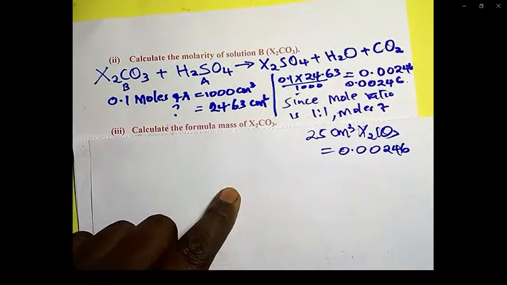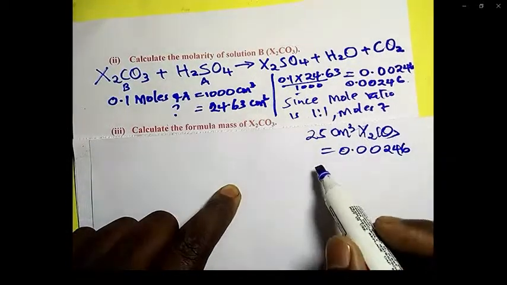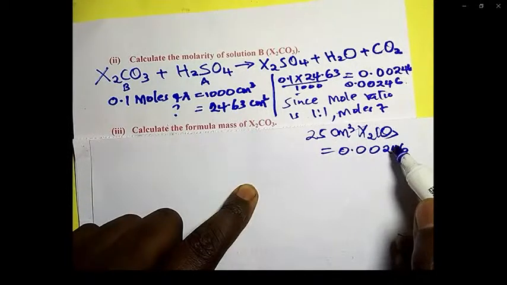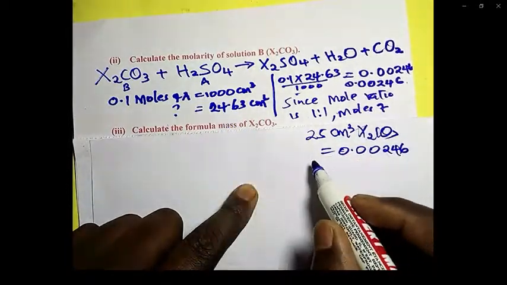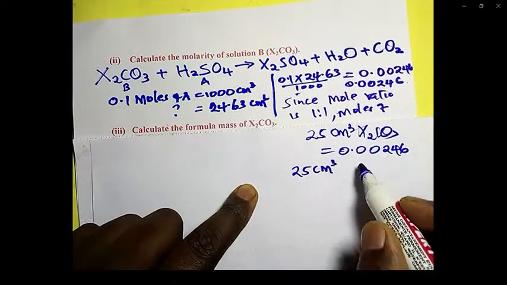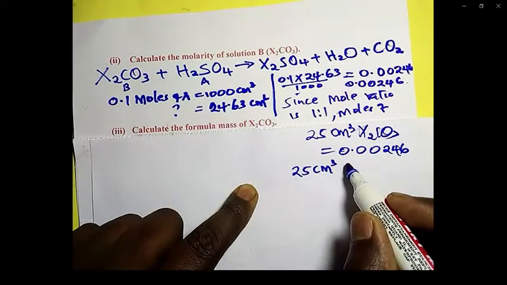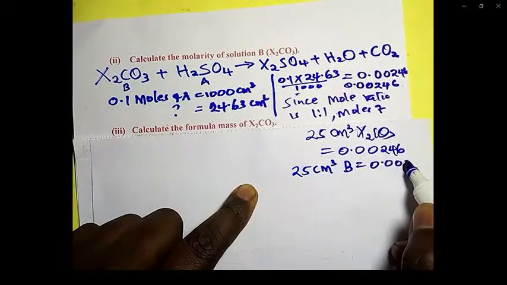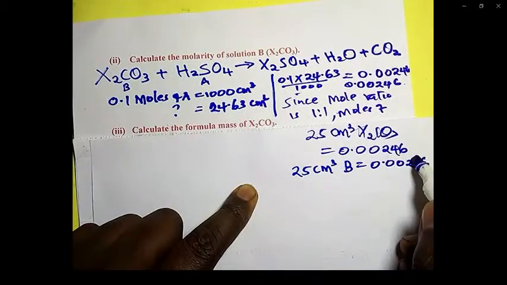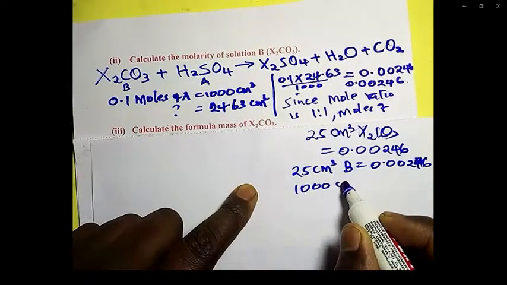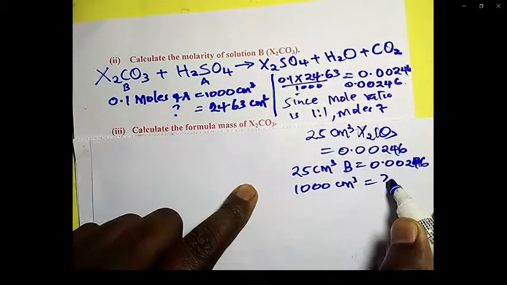Yes, but we were asked to calculate molarity. How do you calculate molarity? We say this is the number of moles of B in 25 centimeters cube of solution B, equal to 0.00246. We are going to ask 1000 centimeters cube will contain how many moles?